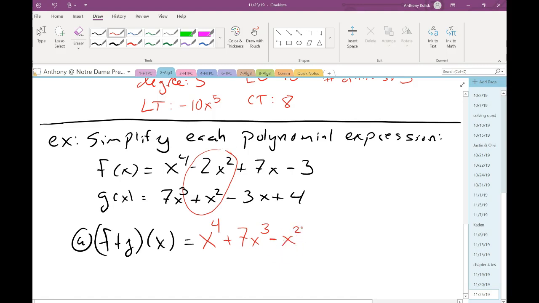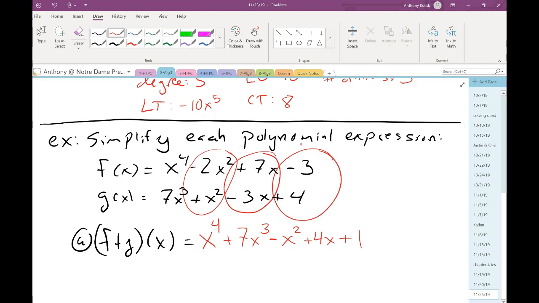Negative 2 plus 1 is negative 1. Okay, and then what? Good, 4x, because we combine those two together. And lastly, we get 1, combining those two together. Everybody happy with that? Addition should be pretty easy, right? Not much to it.